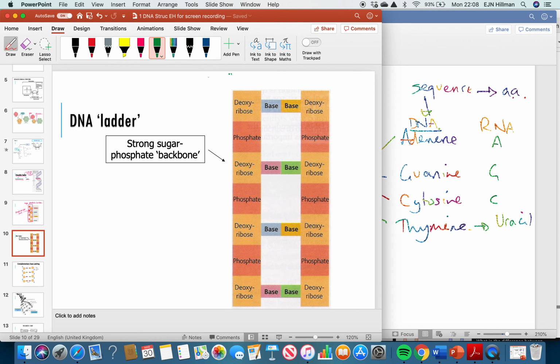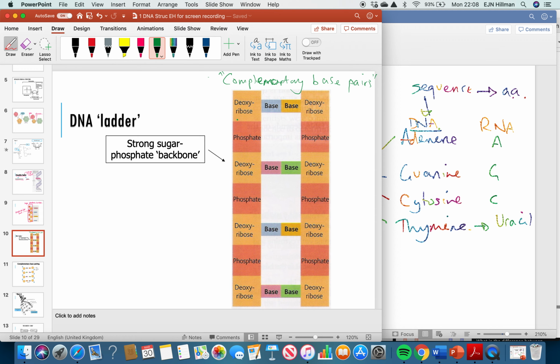Between here are the complementary base pairs. And this is one of those phrases in A-level biology that comes up all of the time. Okay, complementary base pairs. We've talked about things being complementary to each other before. So if they have a complementary shape, it means they're not the same shape, but they fit together.